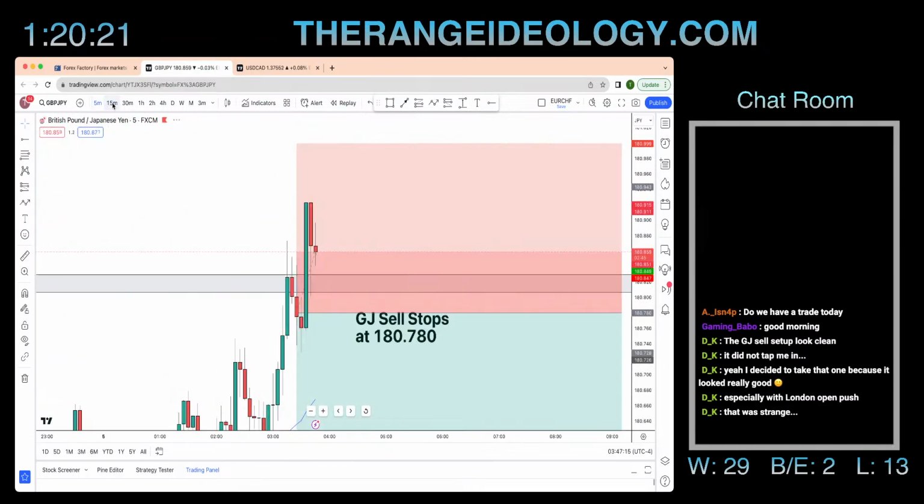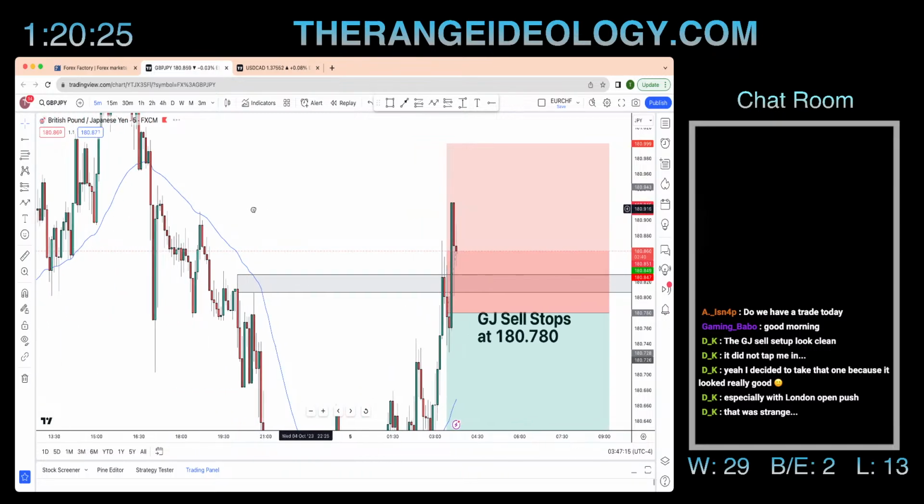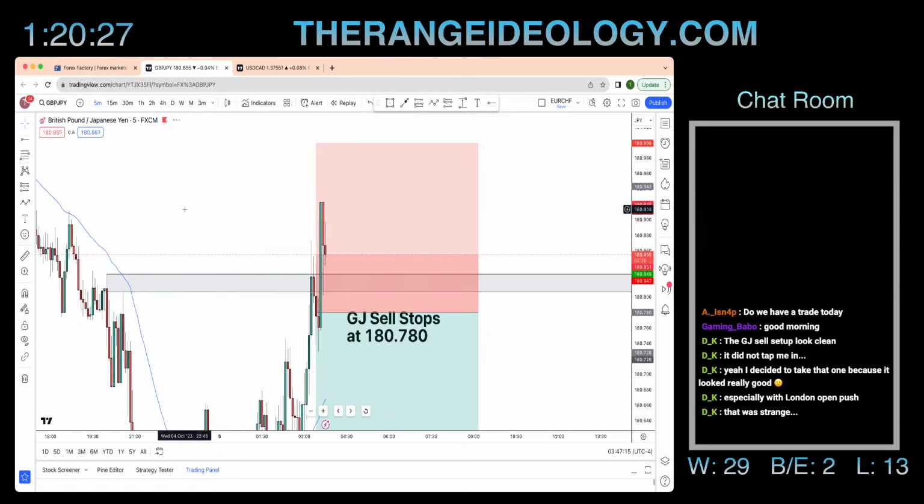But I believe if we're going to get stopped out, we're going to get stopped out prior to the 1 hour candle coming up. That's my thought process here, that if it's going to push above, it's going to push above before the 1 hour. But if it doesn't do that and it just ranges where it's at right now, we'll see how that gets determined.